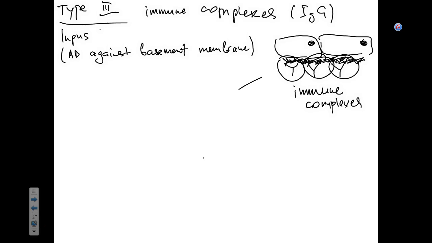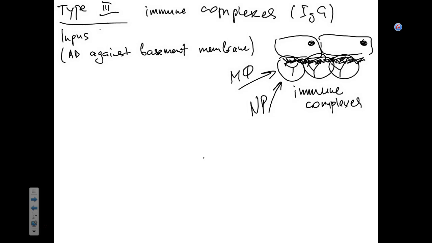So you have macrophages and neutrophils. And macrophages and neutrophils essentially will destroy the basement membrane. Does that make sense?